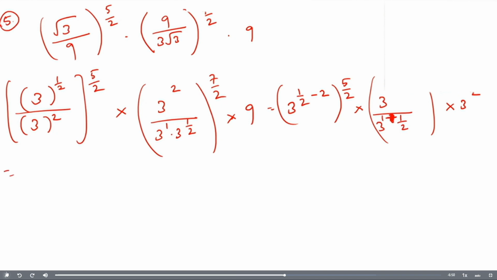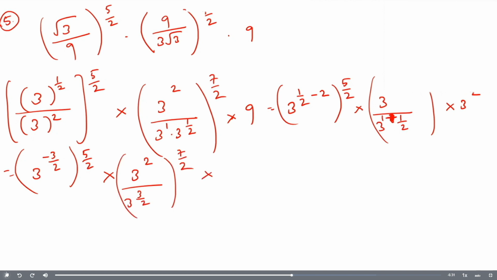This you can write as 3 to the power (1 by 2 minus 2, that is minus 3 by 2), whole power 5 by 2, into 3 to the power 2 by 3 to the power 3 by 2, whole power 7 by 2, into 3 square.